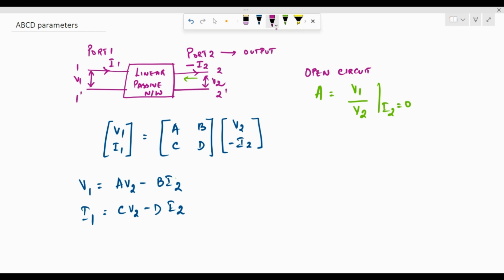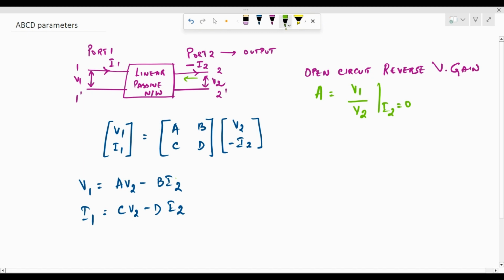Usually when we have a ratio of the output voltage over the input voltage, that parameter is called the gain. But since this is just the reverse of it, this is called reverse voltage gain. So that is A.